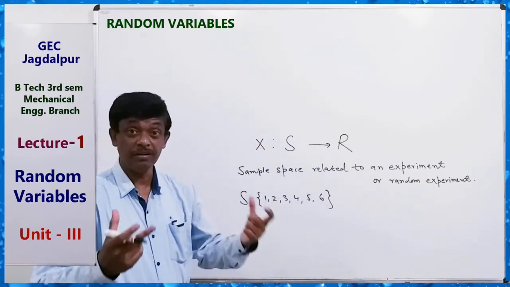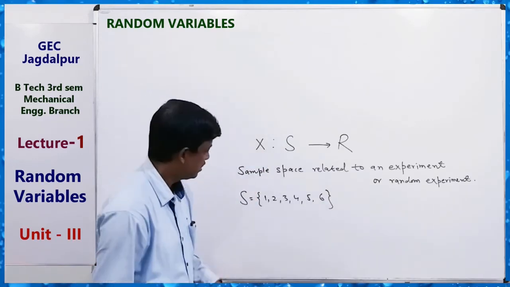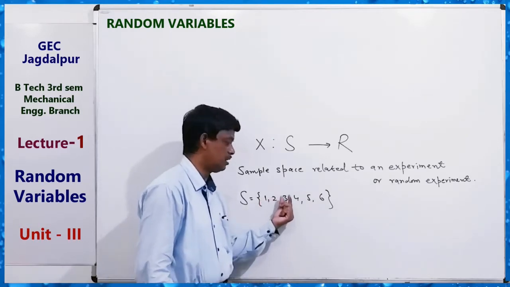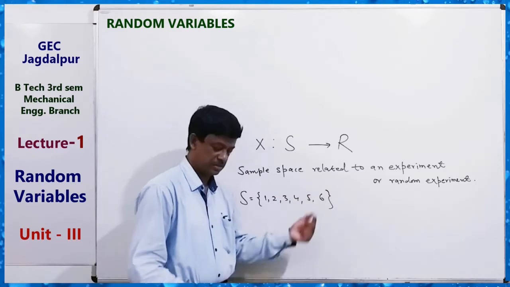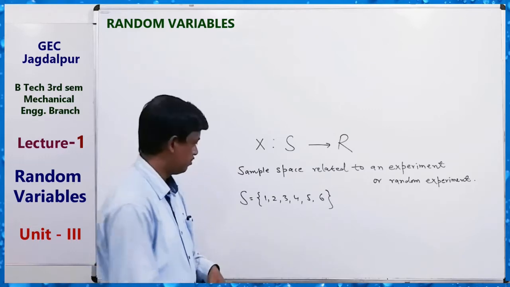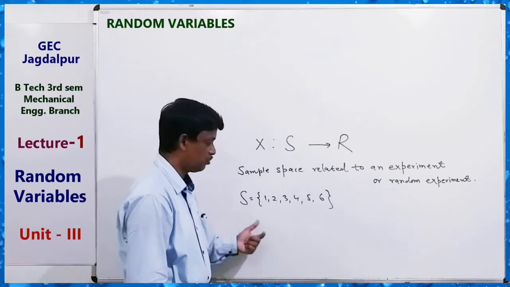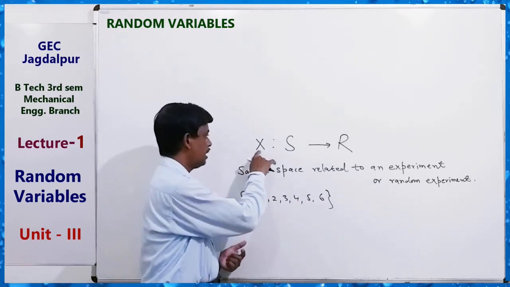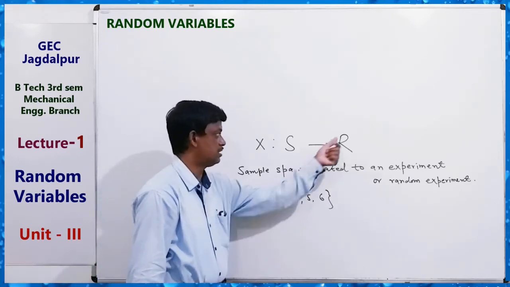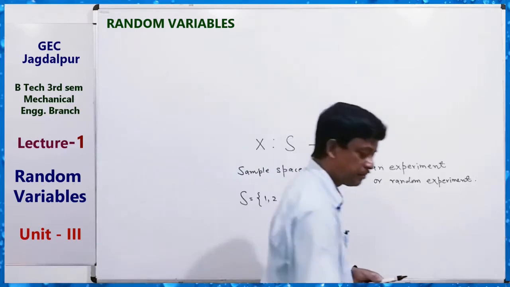We can define a random variable which can take the values 1, 2, 3, 4, 5, 6, the number on the top face of the die. These are the points of the sample space. So x is a random variable defined on this sample space as a real valued function.